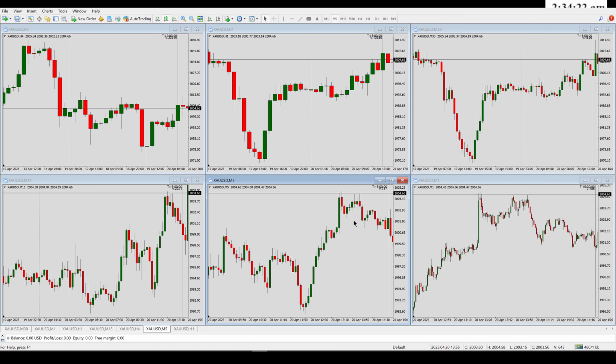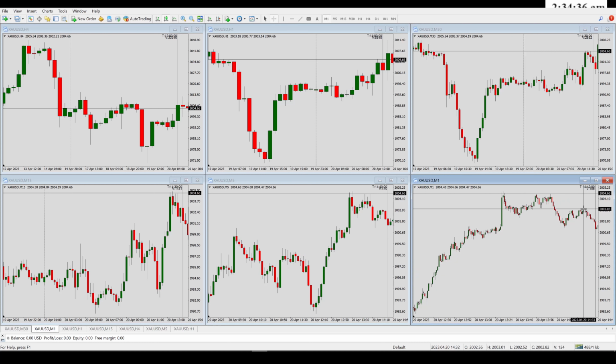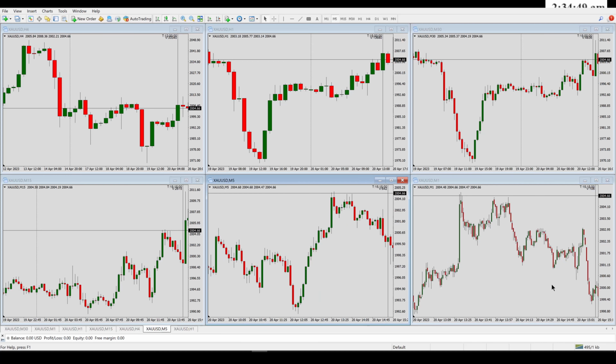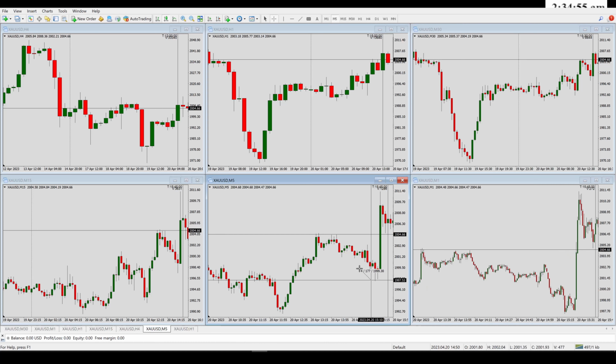Once the M5 candle closed bullish and the next one started to move up, this is where I closed 50% of my position. If I look at M1 time frame, I can see that my stop loss was above this area. My stop loss didn't get hit, but I closed 50% of my position, and the rest I closed at this area, which went in exactly 50 pips.